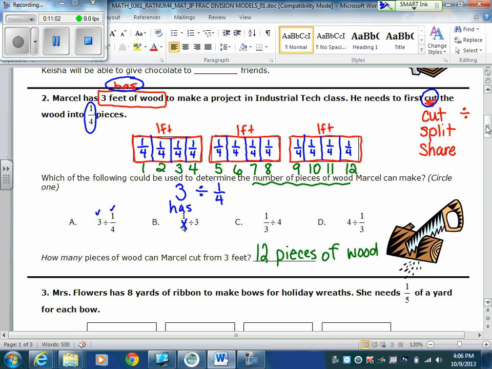C says he has 1/3 and he's cutting it up. Well, he didn't have 1/3. He had 3 whole pieces of wood, or 3 feet of wood. D says he has 4 whole pieces, or 4 feet of wood, and he's cutting up into 1/3 pieces. Well, he didn't have 4, he had 3. So our best answer here, how to solve, is A.